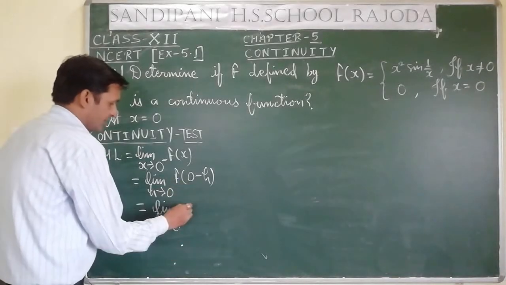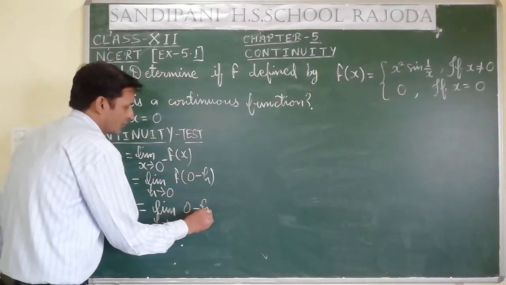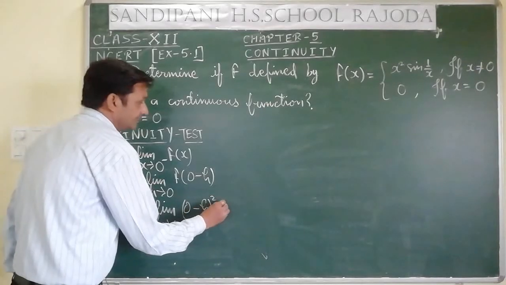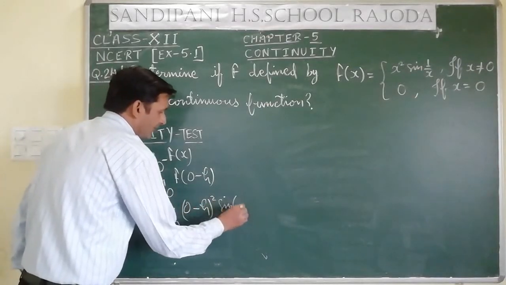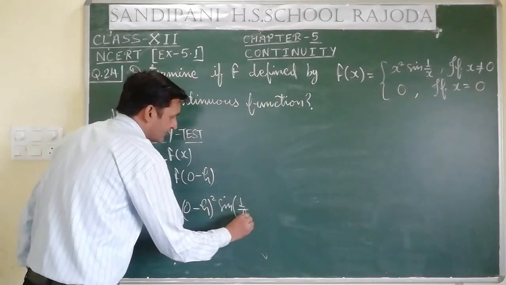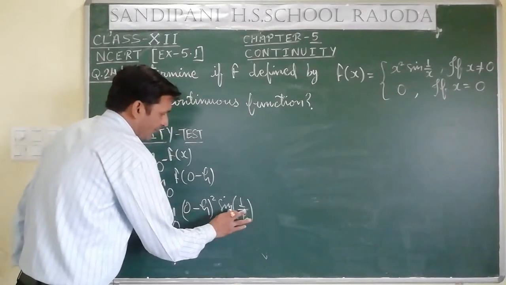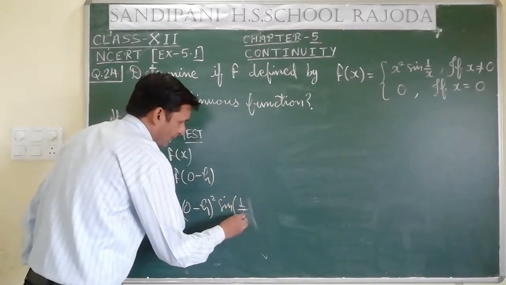We have to mention here 0 minus h whole square sine 1 upon 0 minus h.